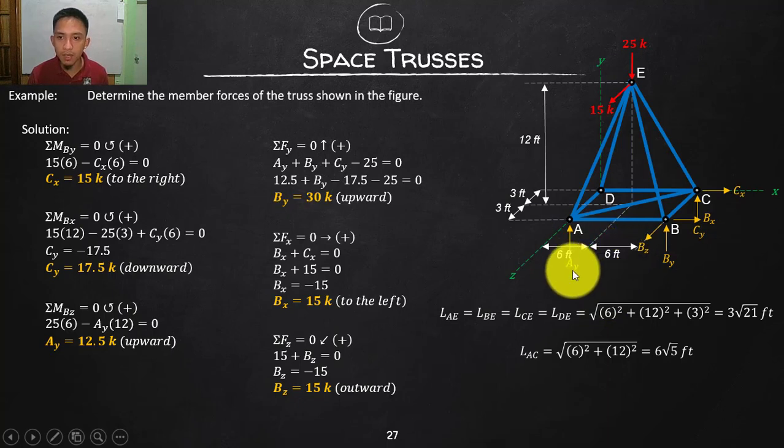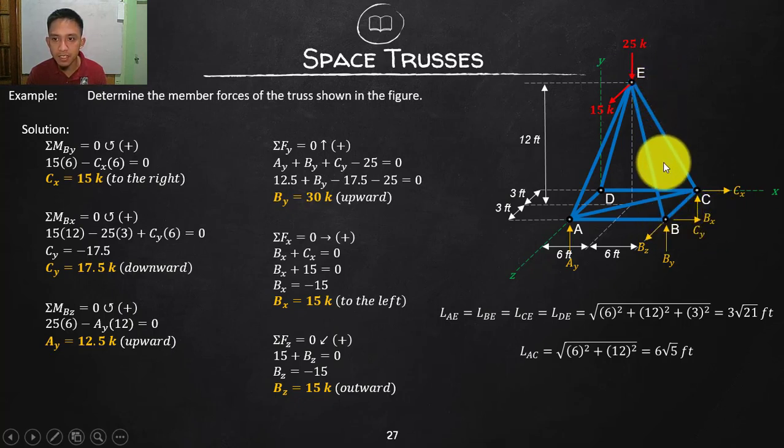Just like this, AY has no moment. BY is parallel and at the same time passing through your axis. And then your CY is parallel. So there are no moments from those vertical forces, and together with the 25 vertical load, there are no moments with respect to these loadings. Not only that, your BX here has no moment also, since it is passing exactly through the axis.